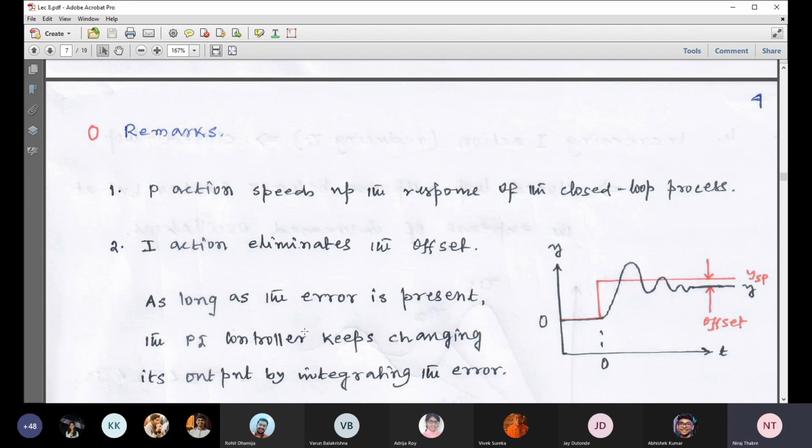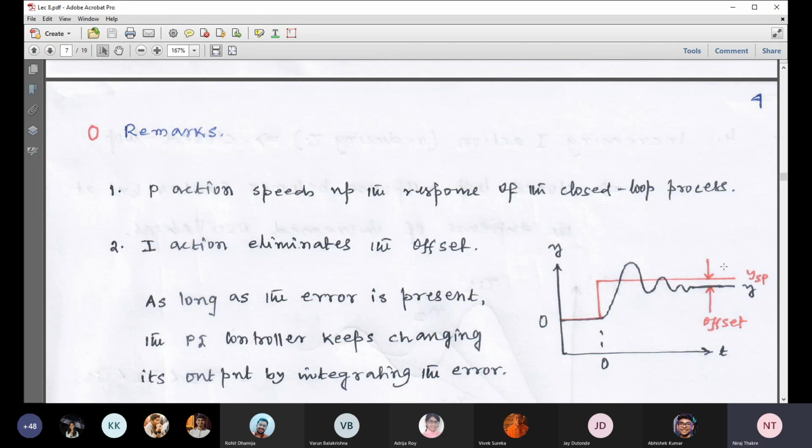Integral action completely eliminates the offset, and this is the reason. As long as the error is present, the PI controller keeps changing its output by integrating the errors. I will show you a little later, maybe in the next class, how it happens.